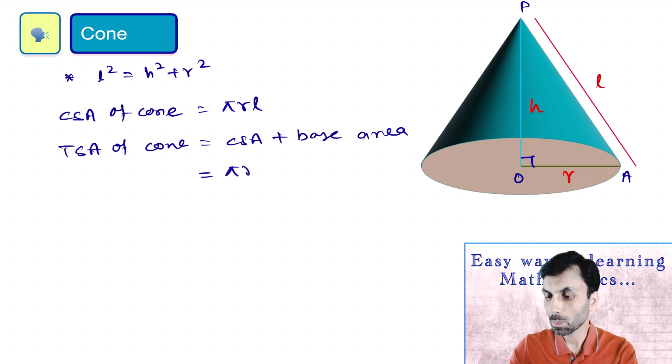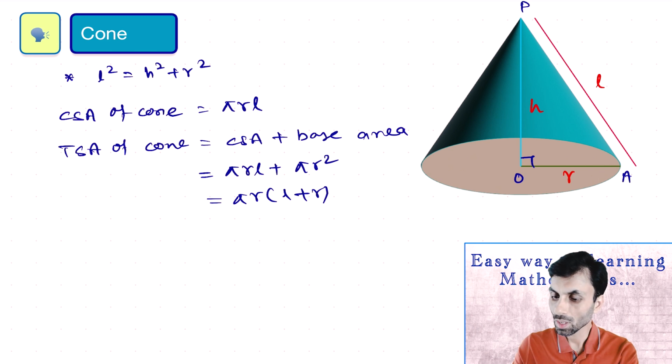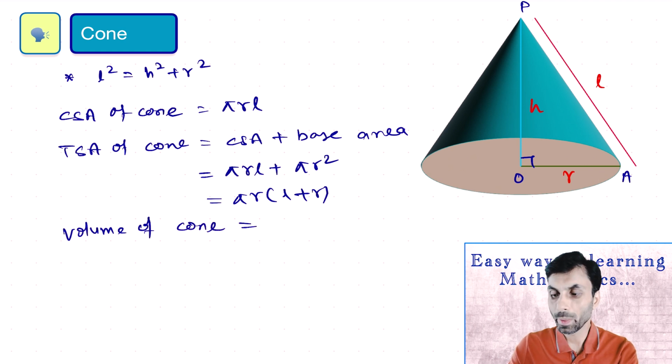So we can write it as pi r L plus pi r square. On taking pi r common, we'll get pi r into L plus R. Then volume of cone will be equal to 1 by 3 pi r square h.